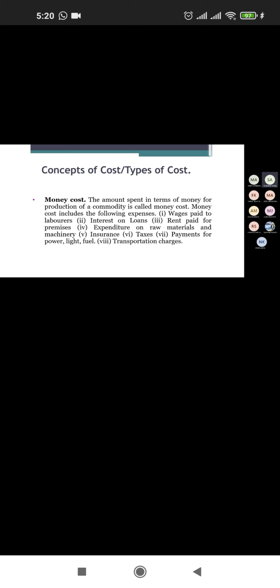If we discuss the nominal cost or money cost, we calculate the cost in the shape of money. Here we discuss the real cost. Real cost means the cost of mental and physical effort.